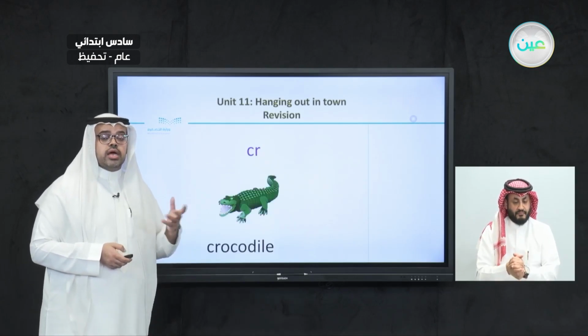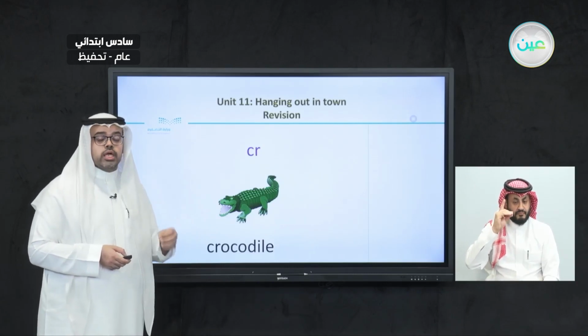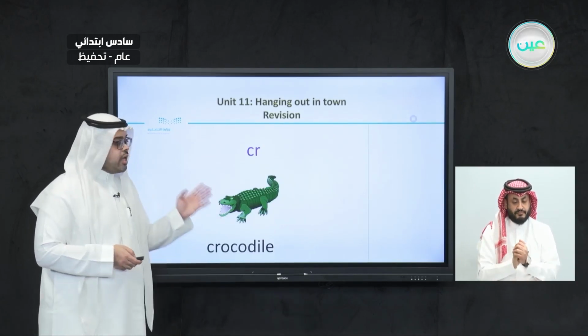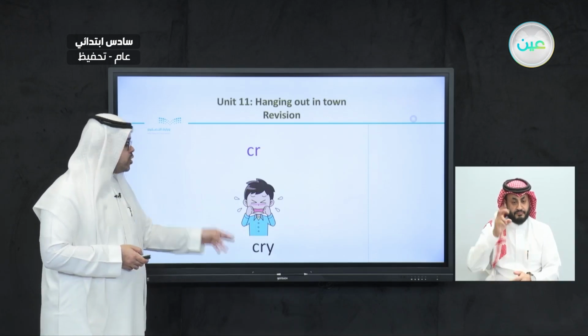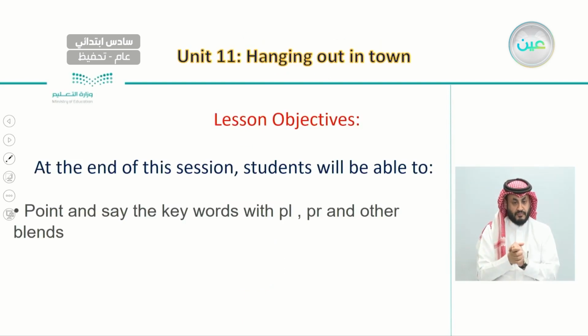Crayon. And the third one, crocodile. Crocodile. And the last one, we should start with C and R and pronounce it in one unit, as in cry. Cry. Very well.